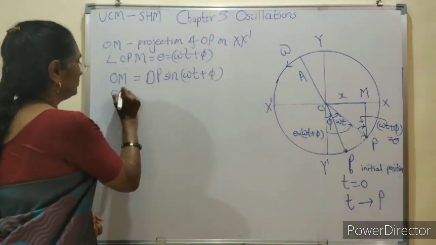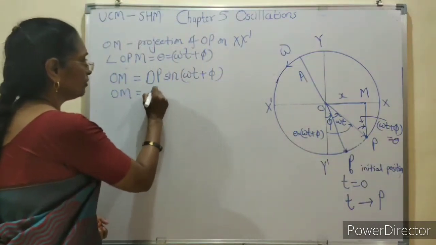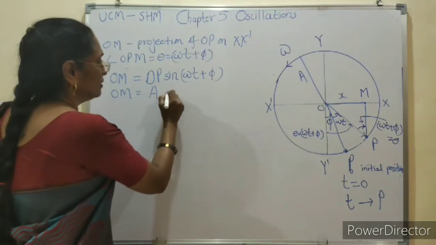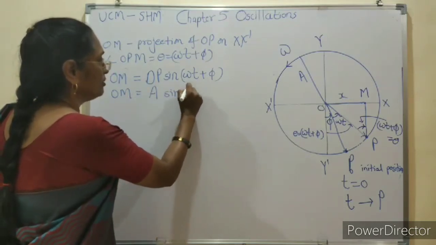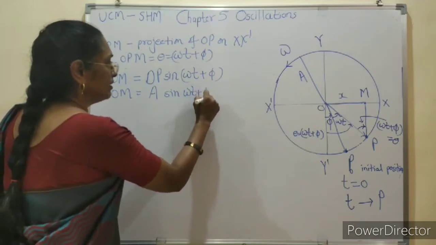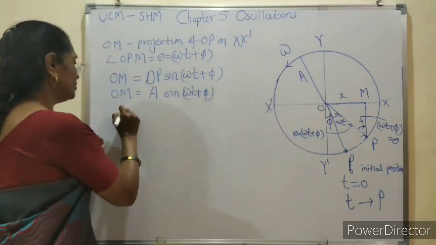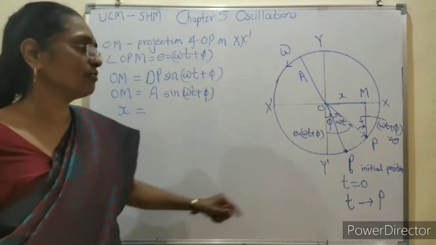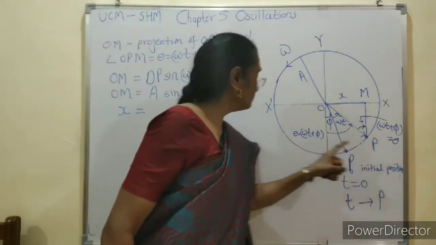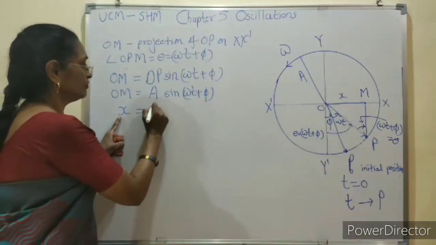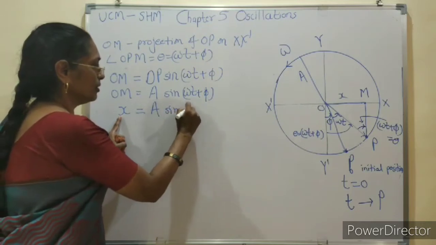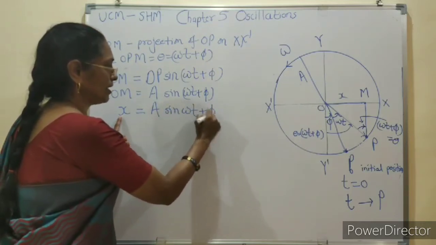So OM is equal to A, since OP is the radius, times sin of omega t plus phi, and as we know OM is the x coordinate of position P, x is equal to A sin of omega t plus phi.